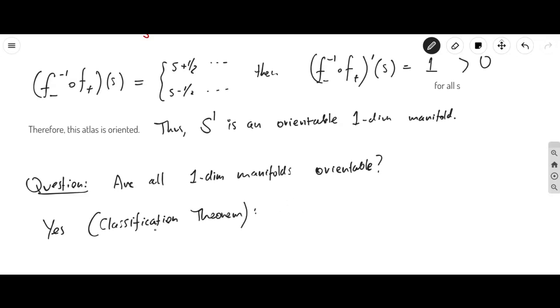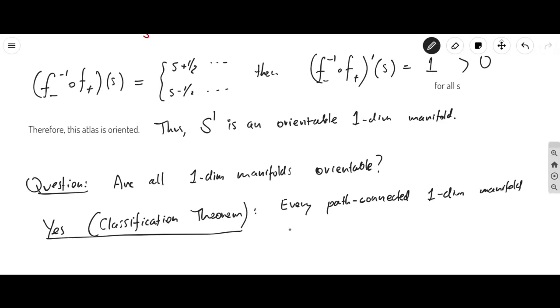The classification theorem says that every path connected, you can even say connected, one-dimensional manifold is homeomorphic, and you can even say diffeomorphic, to either R1 or S1. If your manifold is compact, it's going to be homeomorphic to S1. If it's not compact, it's homeomorphic to R1.